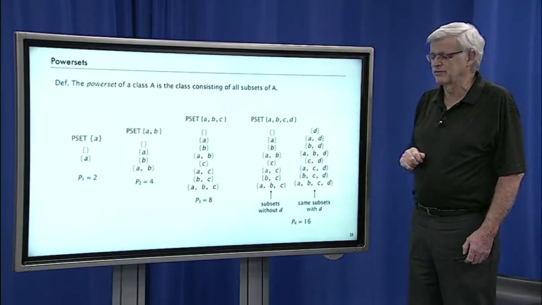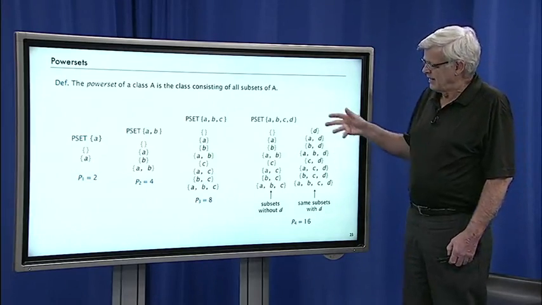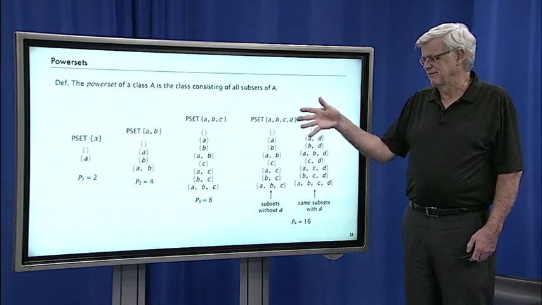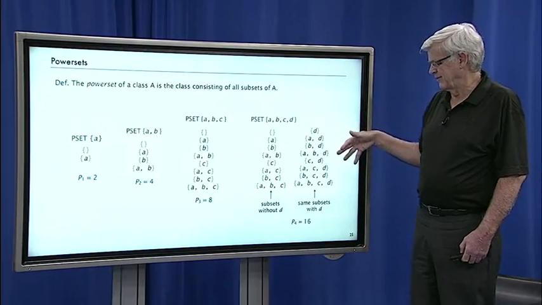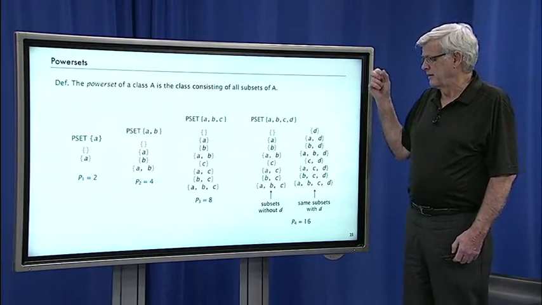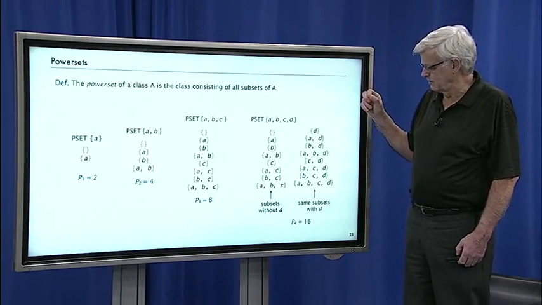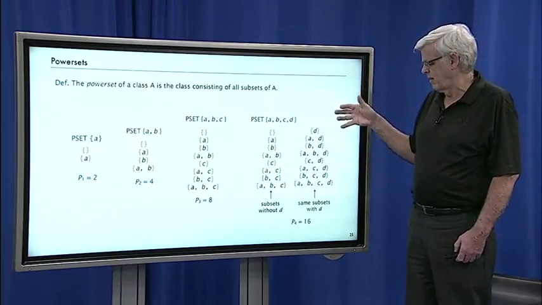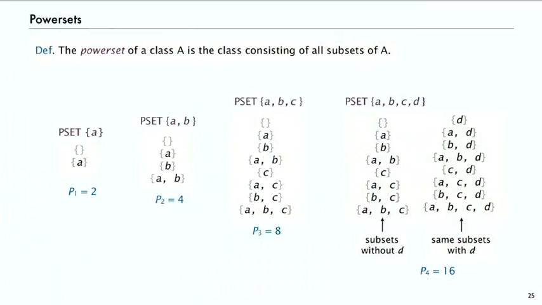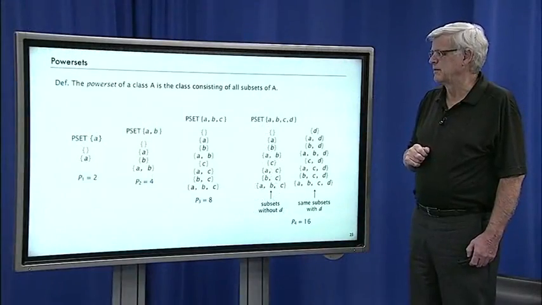That gives all the subsets of four atoms. And you've seen this in many different guises before, but it's very clear that the number of elements in the power set of n items is 2 to the n, because each time we're just multiplying by 2.